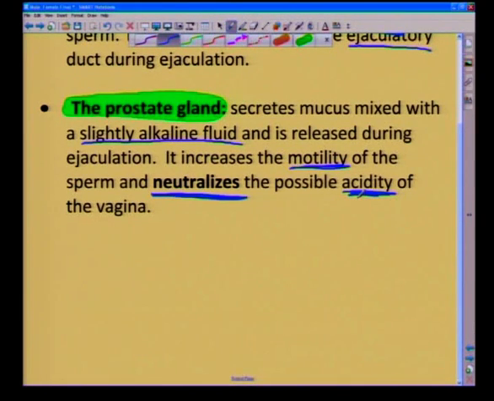And we don't want either the urethra in the male or the vagina in the female to be acid. We don't. We want it to be as close to neutral as possible. Okay, for otherwise the sperm cells will be harmed, and we don't want that. So the prostate gland secretes a mucus mixed with a slightly alkaline fluid, and what does it do? Its main function is to neutralize any possible acidity in the vagina, guys and girls.